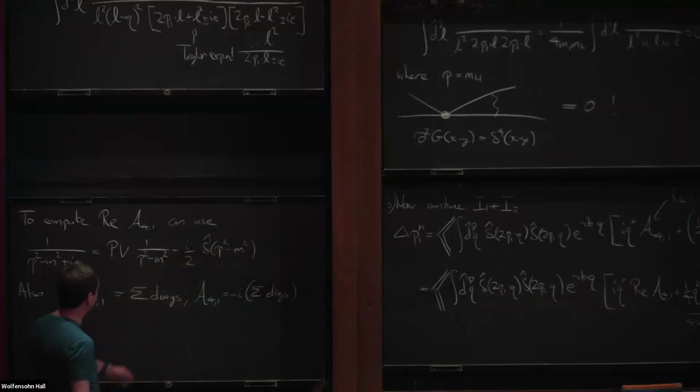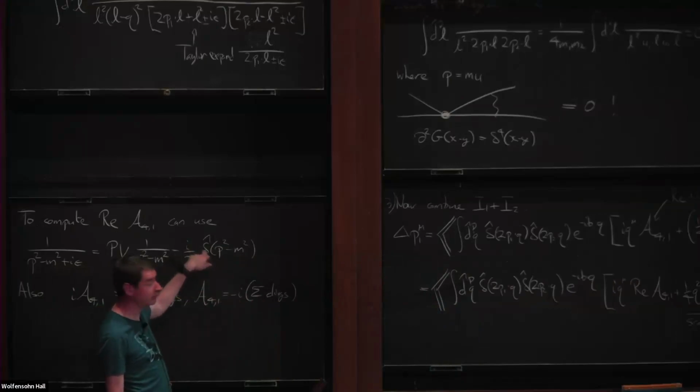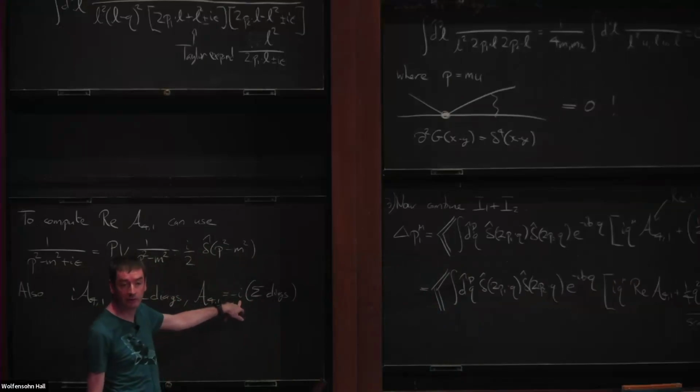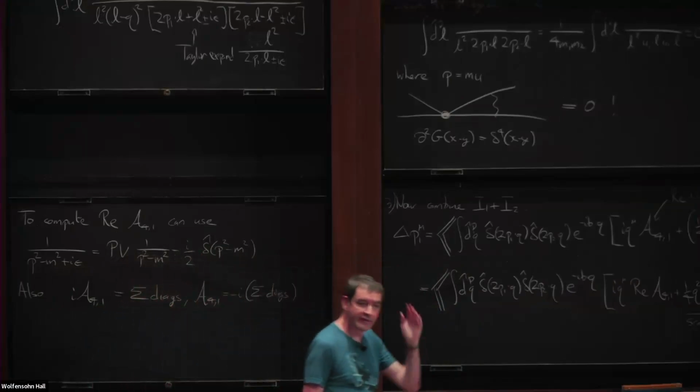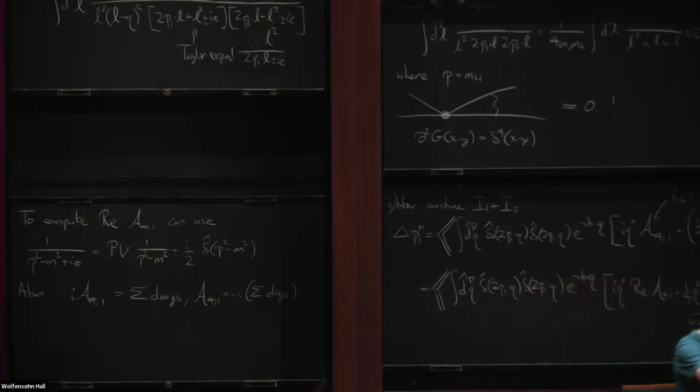So that means to get the real part, I need to extract either one delta function, right? So that minus I hits that one, gives me something real, or 3 delta functions. But if I cut 3 lines at one loop, I'm going to end up with isolating on-shell 3-point amplitudes, and those vanish in Minkowski space. So the only way to get a real part out of this is to cut 1 line.